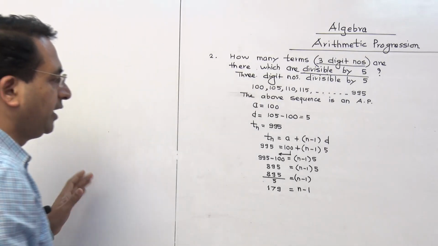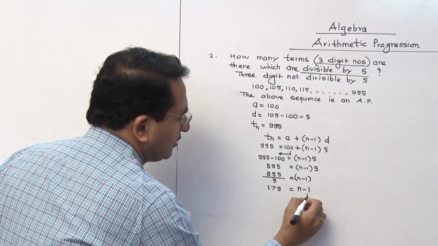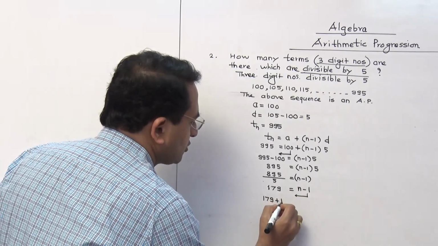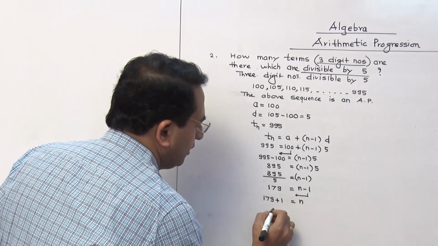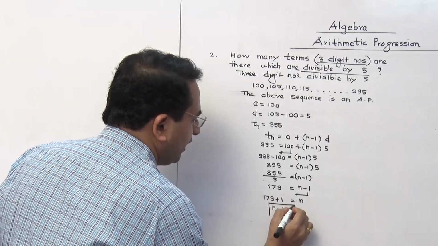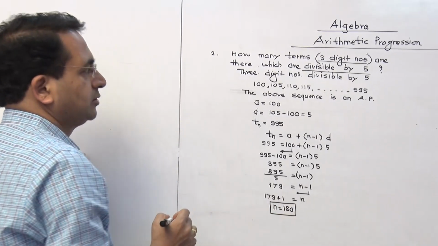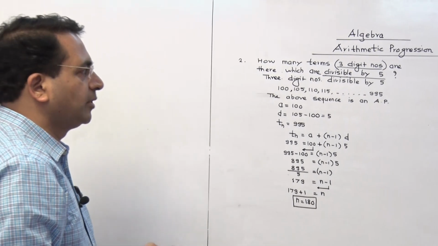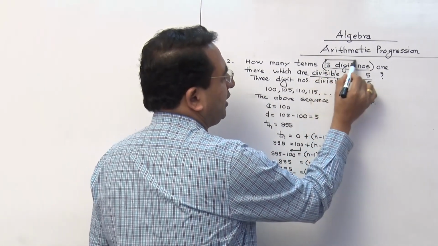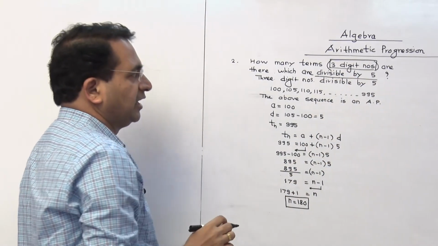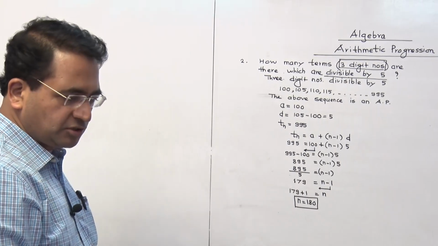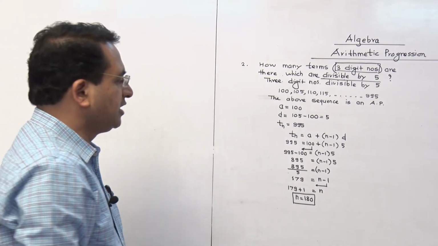Now for finding the value of n, we transfer this 1 to the left. 179 plus 1 is equal to n. So n is 180. So there are 180 numbers which are divisible by 5. But specifically you are discussing 3-digit numbers. So your final answer should be: the total number of 3-digit numbers which are divisible by 5 is 180.